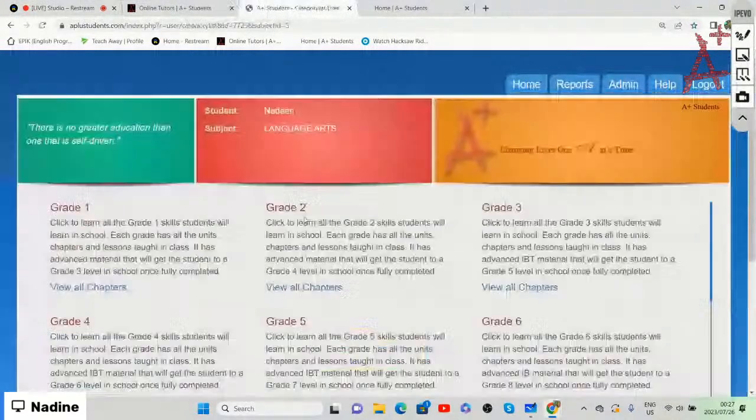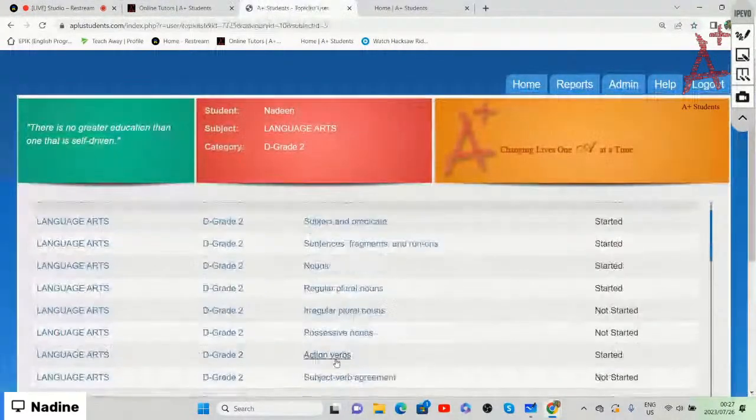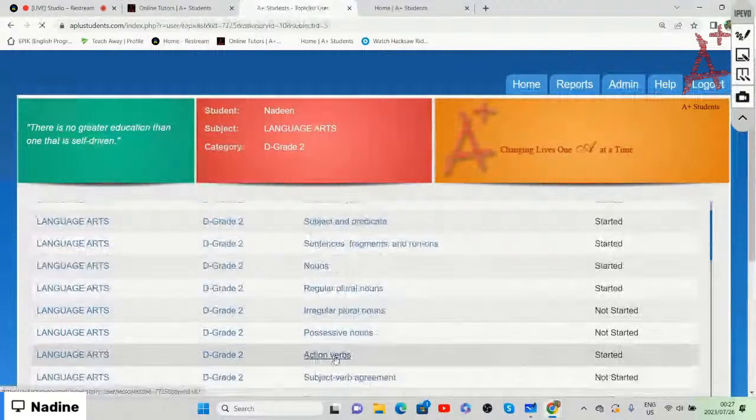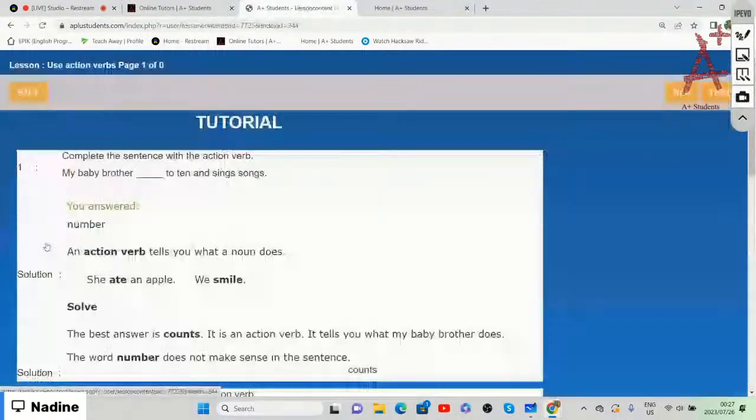Okay, so we're going back to action verbs, right? And we said that an action verb tells you what the noun does, right? So an action verb tells you what the noun does. And we made an example of "she ate an apple," right?